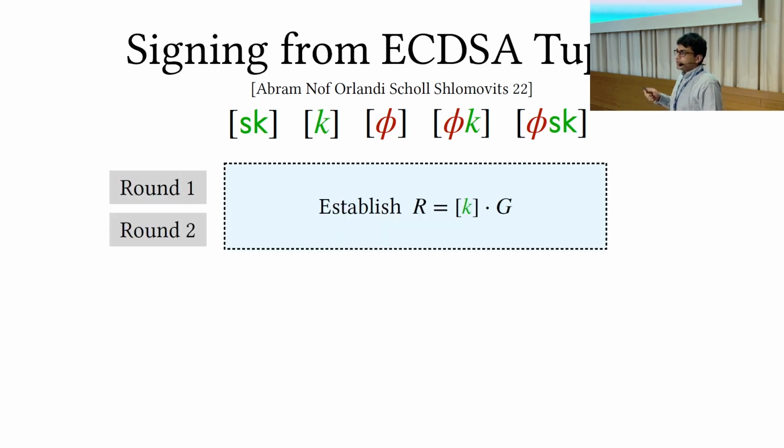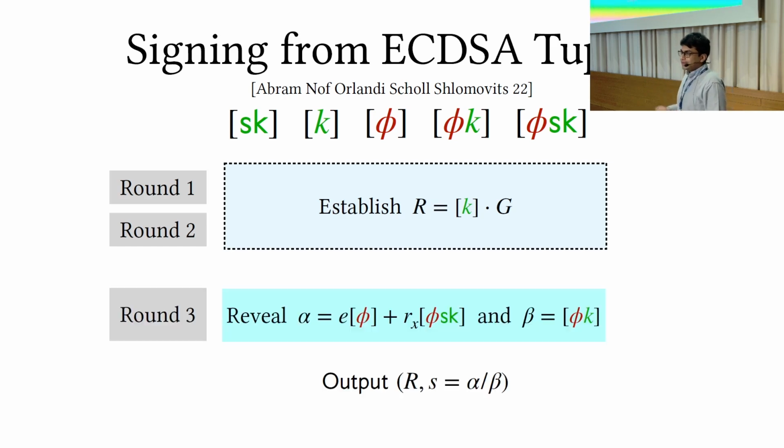Assuming that we have this correlation and that we sample the nonce, there's a simple one-round information-theoretic mechanism by which we can just take linear combinations of these correlated values to get the masked numerator and the masked denominator from the previous slide. This is a really nice observation by Abram et al.